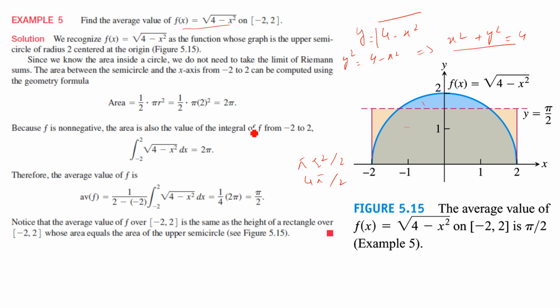So this will be 2 pi. This is one way. The other way is to integrate this function from minus 2 to 2, which will also give you the value 2 pi. So the average value is the area divided by the length of the interval. Area is 2 pi, length of the interval is 4, so 2 pi over 4 is pi by 2. So this is the average value of the function, which is pi by 2.